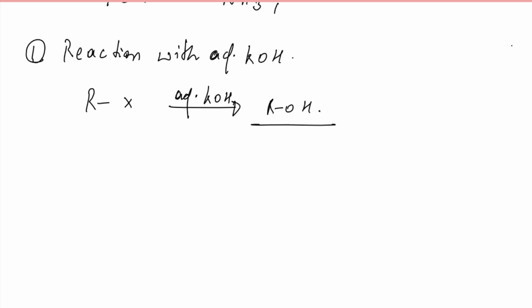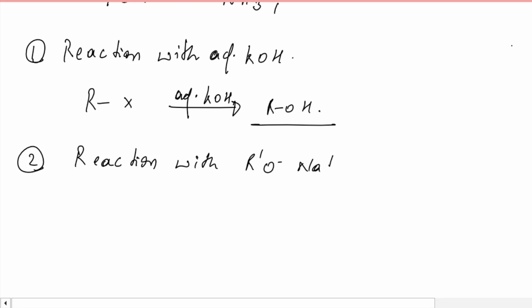RX reacts with aqueous KOH to form ROH. Then reaction with R dash O negative Na positive. This is also known as Williamson ether synthesis.